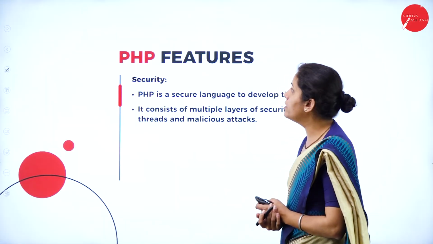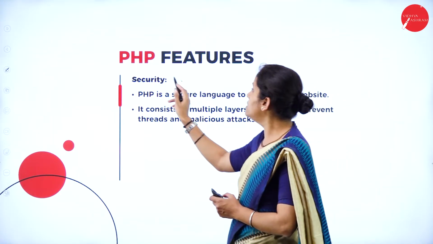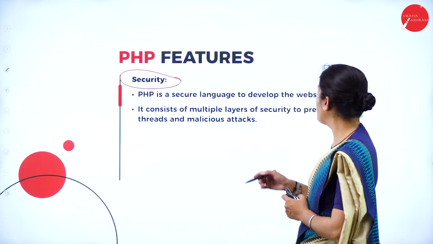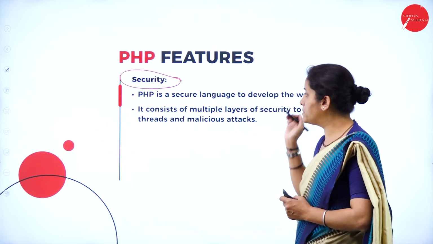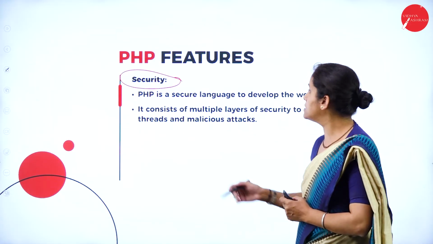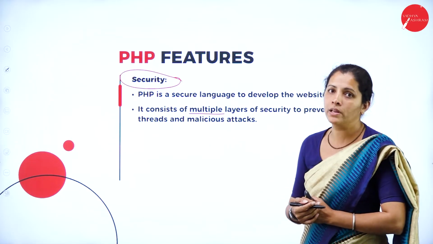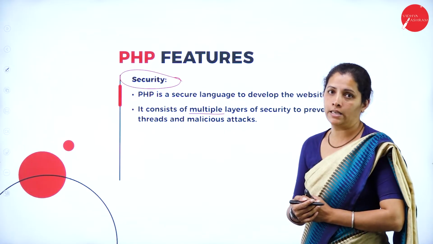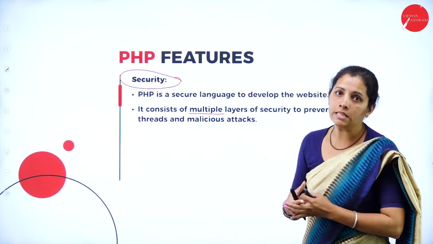Now, if I consider another very important feature, that is security. PHP is a secure programming language and it is mainly used for websites. So it must consist of multi-layer security to prevent the attacks and threats. We can have malicious attacks.